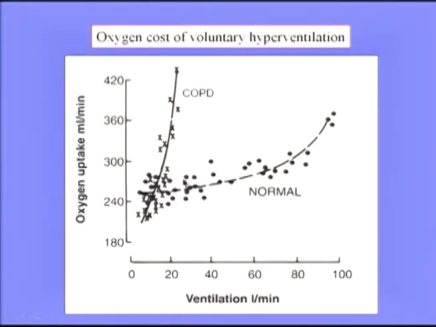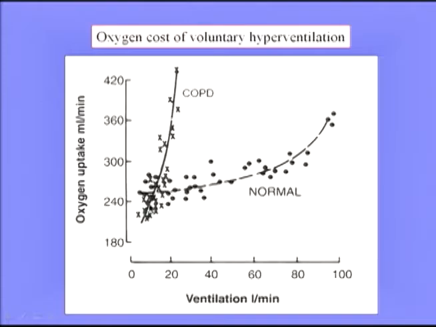And one way of demonstrating that is shown here. We can ask normal subjects to voluntarily hyperventilate. And if we do that, they increase their ventilation to, say, 80 liters a minute. There's almost no increase in the total oxygen uptake of a normal subject if he increases his ventilation to 80 liters a minute, say.